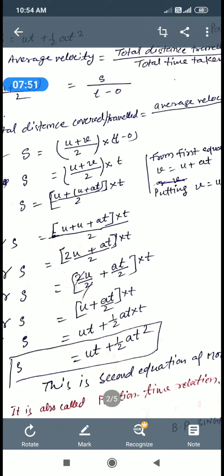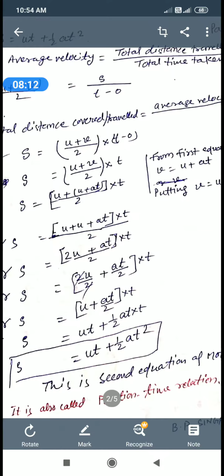The distance travelled or covered by the moving object is equal to average velocity multiplied by time taken, that is t, or s, distance travelled, is equal to (u plus v) by 2 whole multiplied by t.